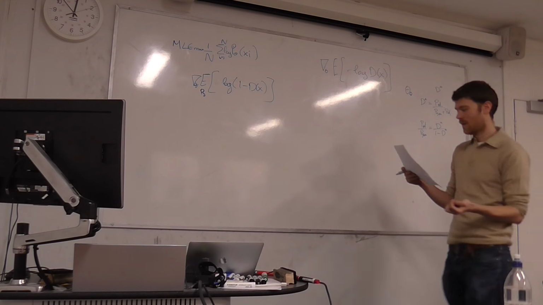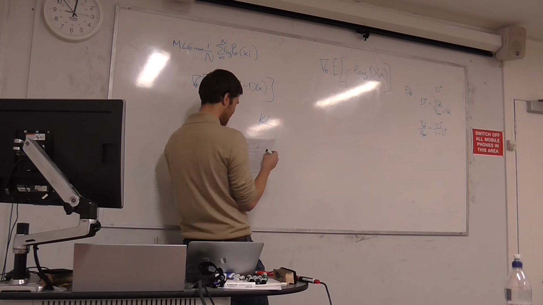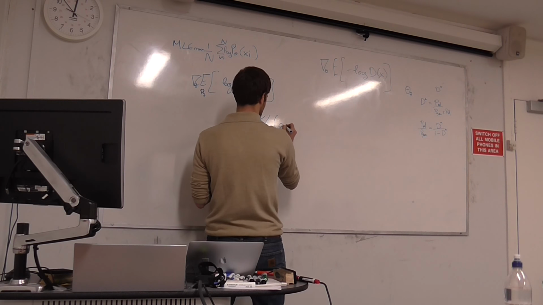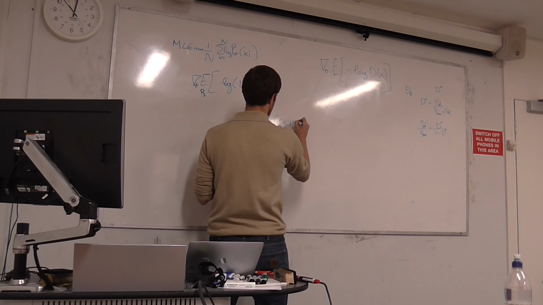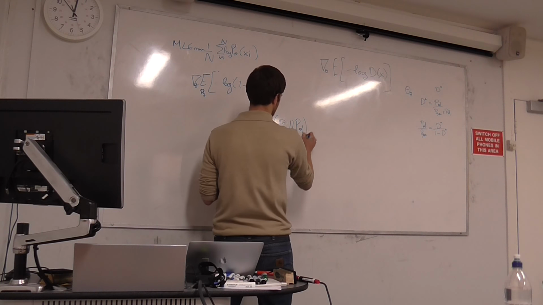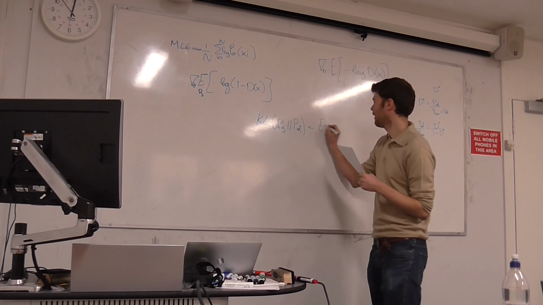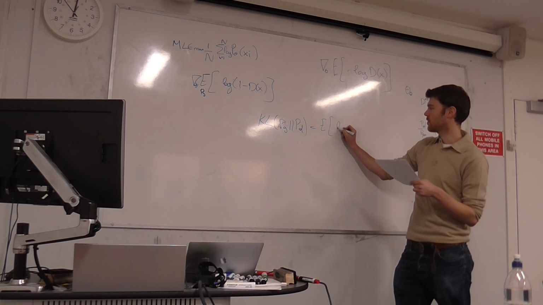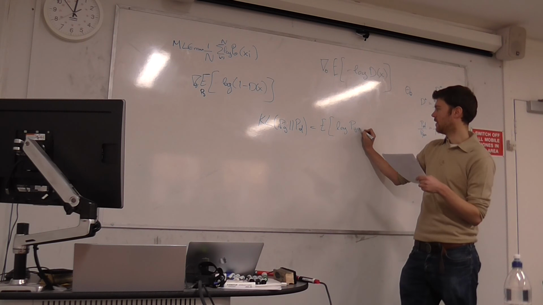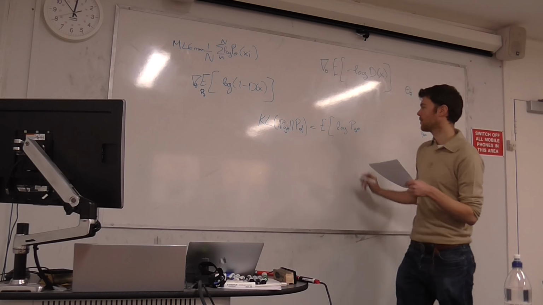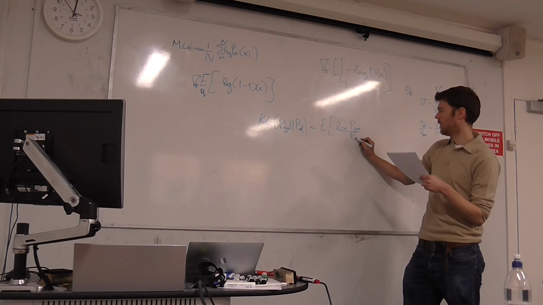Now, for no reason that's apparent right now, let's calculate the Kullback-Leibler divergence of PG given PD. That becomes the expected value of log PG theta over PD.